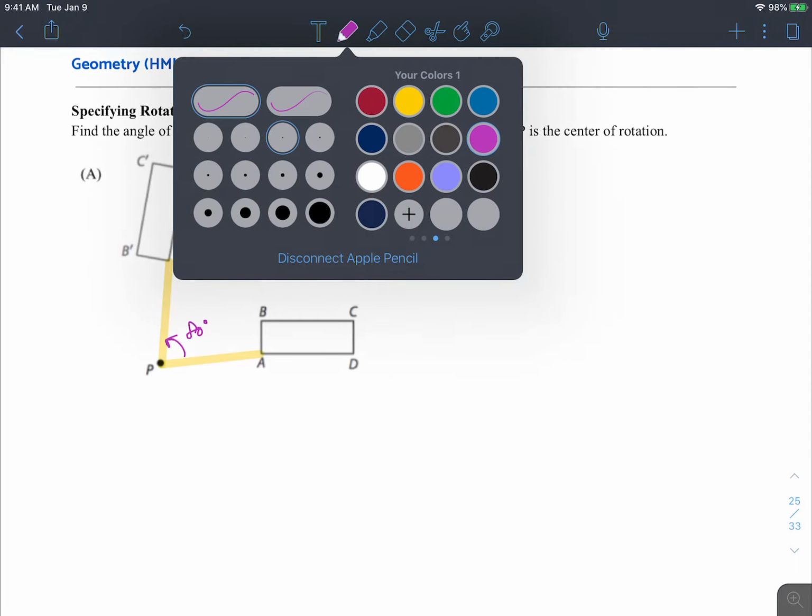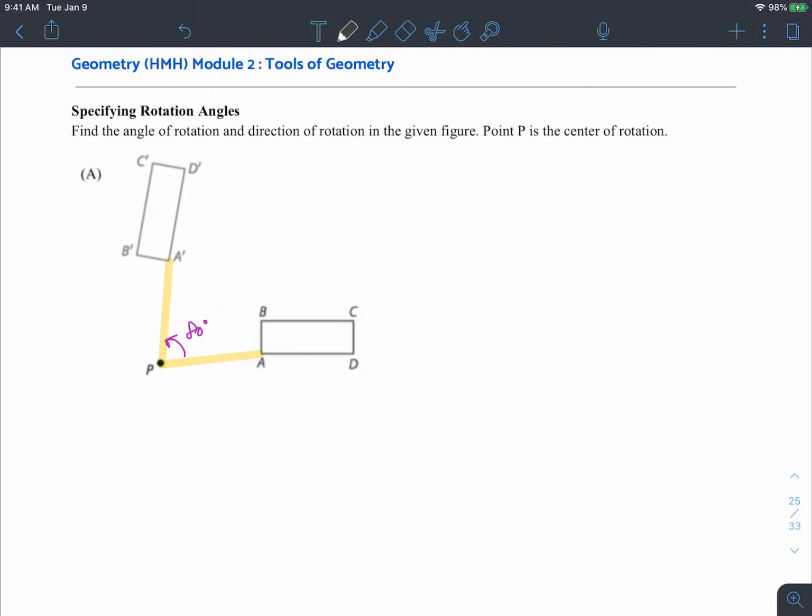Okay, so what happened? Well, step number 1, this is what you do. Find the angle measure A, P, A prime. The middle one is a vertex. The vertex over here is always the point of rotation, the center of rotation, right?